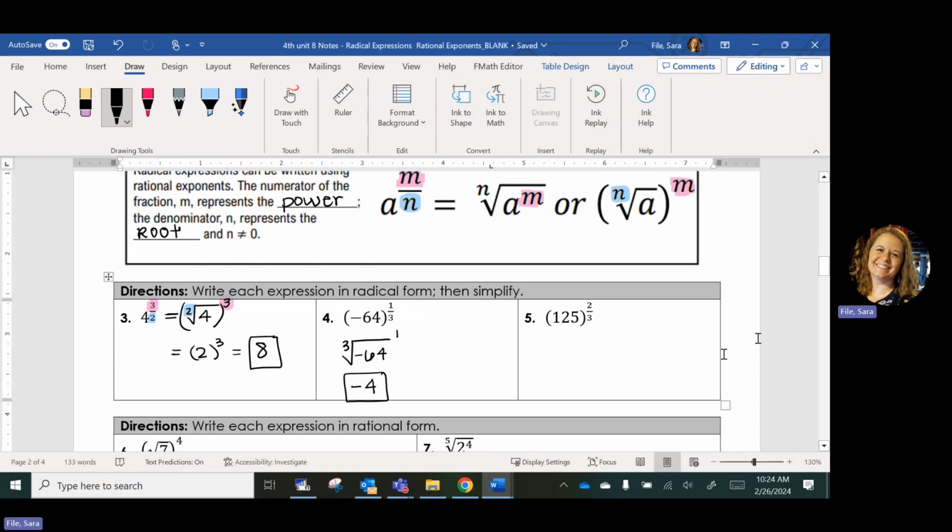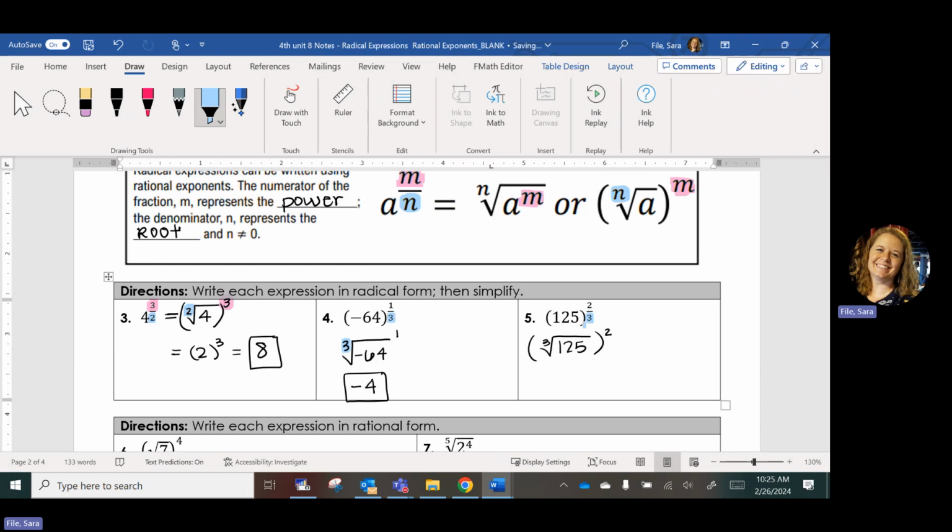All right, same thing with number 5. This time the numerator is not just a 1, so we do need to write it. But again, it's a cube root because my denominator is a 3. The cube root of 125, and then this is squared. I'm going to do my highlighting again here. I got away from that. I didn't do it on the last one.